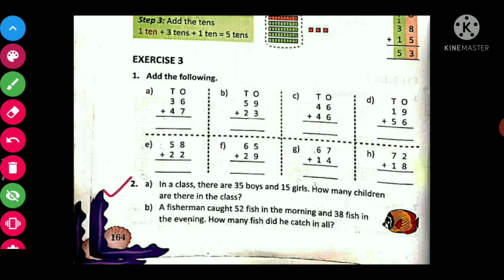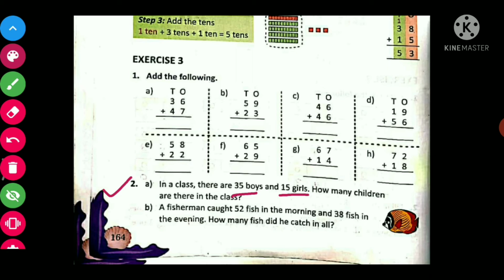Now see the second question. So what problems are given? First one is what? In a class there are 35 boys and 15 girls. So how many children are there in the class? So in the class, number of boys that are present? 35. Right? And number of girls is what? 15.